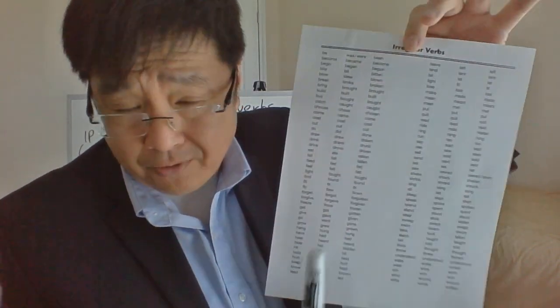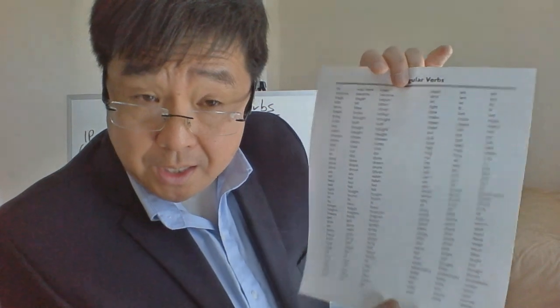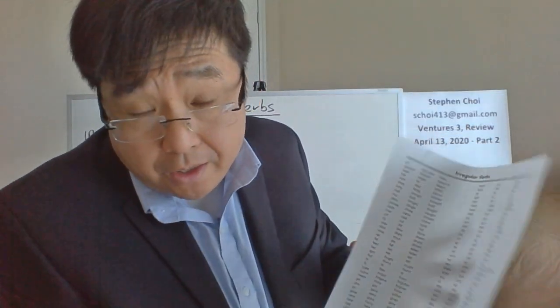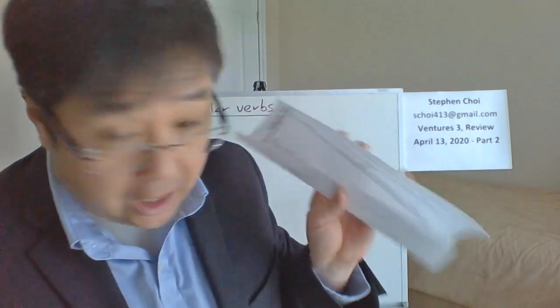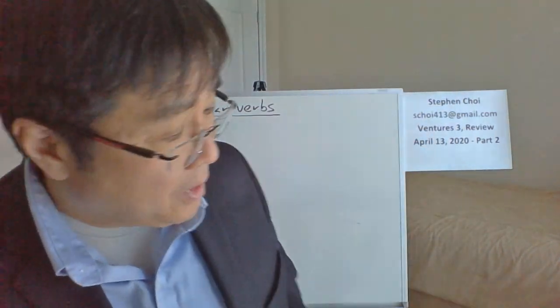I like it, and I think a lot of students like it. I don't think you'll find this one by searching, so if you want a copy, email me. Otherwise, you can download or print out a much longer list, or one with translations.